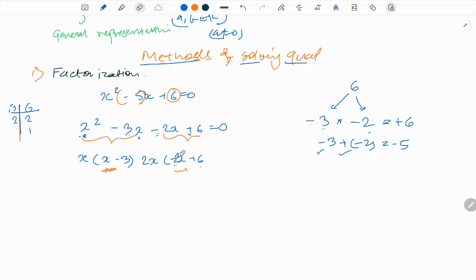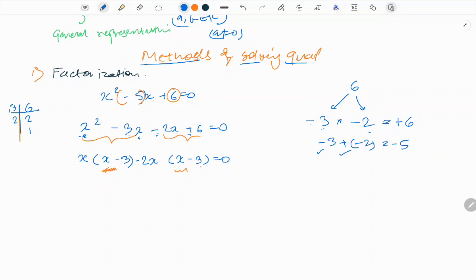What remains inside is minus x plus 3, but again the sign is inverted, so we take a minus as common, and now we get our factors right.